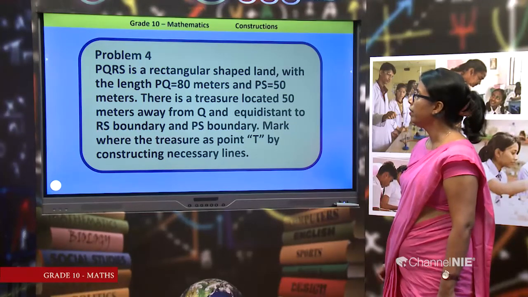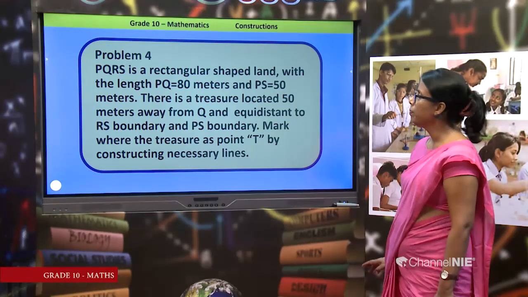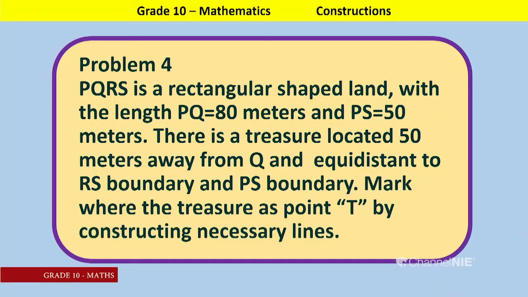PQRS is a rectangular shaped land with the length PQ 80 meters and PS 50 meters. There is a treasure located 50 meters away from Q and equidistant to the RS boundary and PS boundary.